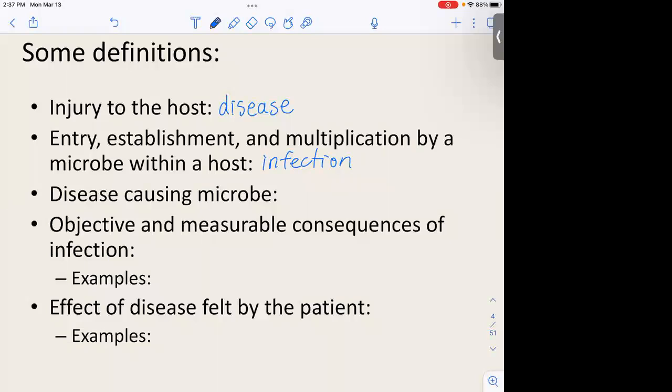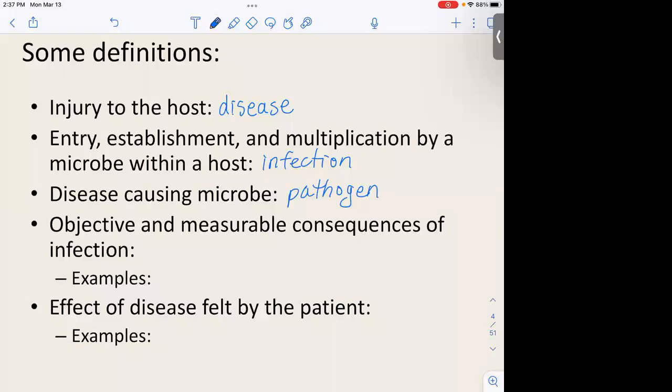Okay, a disease-causing microbe, that's a pathogen. And again, I think I've mentioned this before, but if we use that correctly, a pathogen is a bacteria or a virus. If the disease-causing microbe is a yeast or a protozoa, we would more accurately call that a parasite.